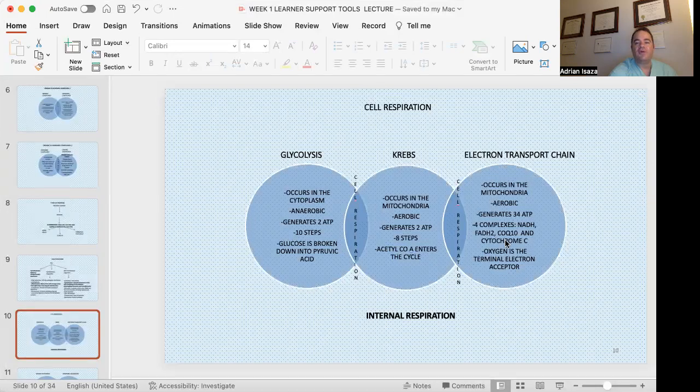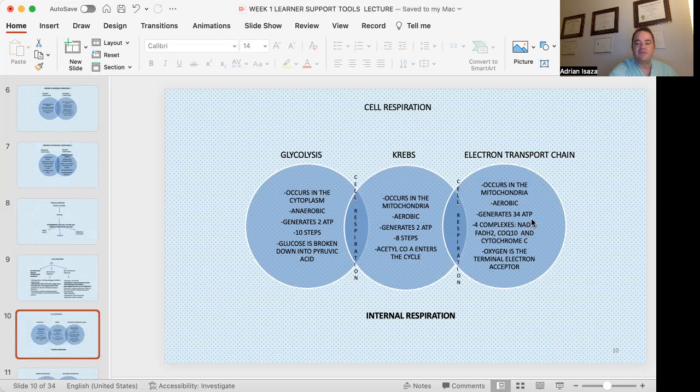So what do we get out of one glucose molecule? 36 to 38 ATPs, depending on the textbook you're reading, right? But 34 of that comes from something called the electron transport chain, which is located in the mitochondria. Actually, this as well, right? The Krebs cycle only generates 2 ATP.